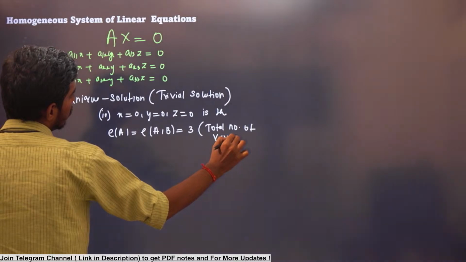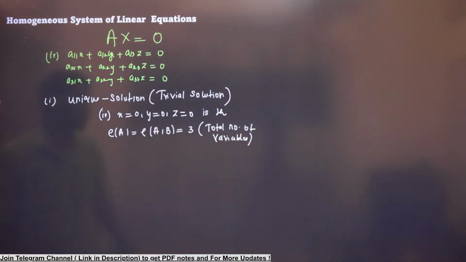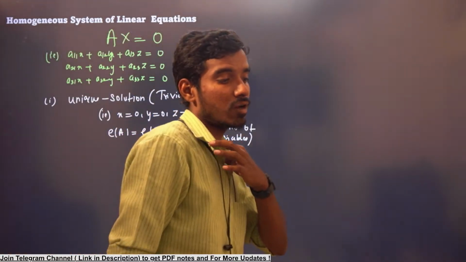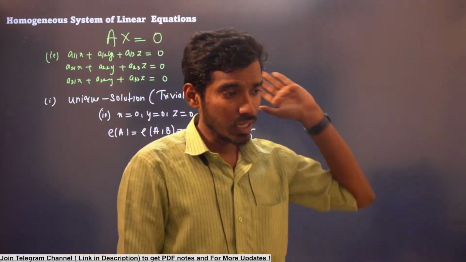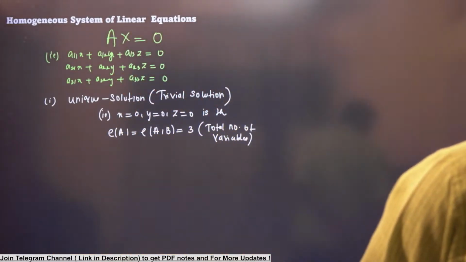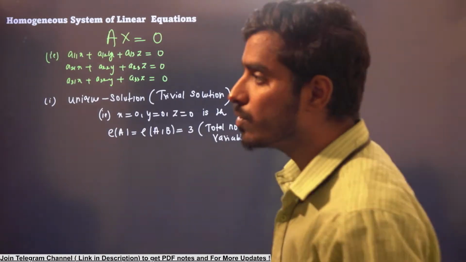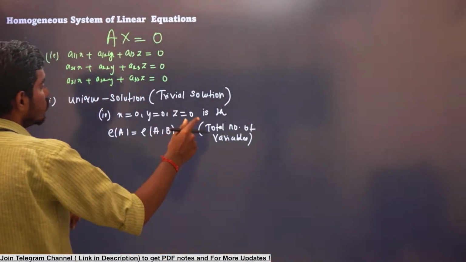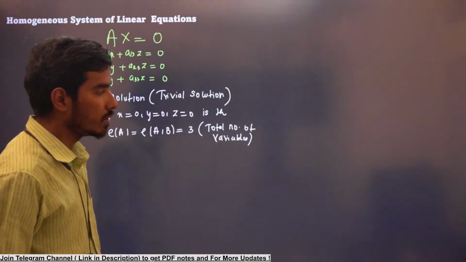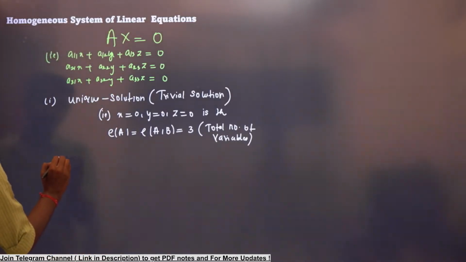If you have four variables, it has to be equal to four, right? It is the same condition, but you can blindly write that whenever it is a unique solution, 0 0 0 is the only solution, or there are infinitely many solutions.